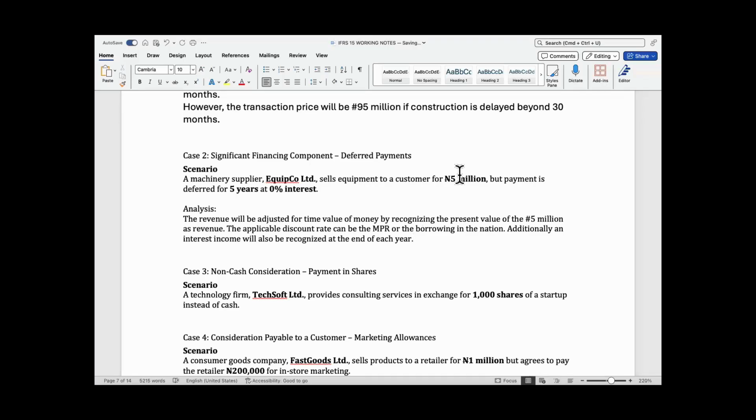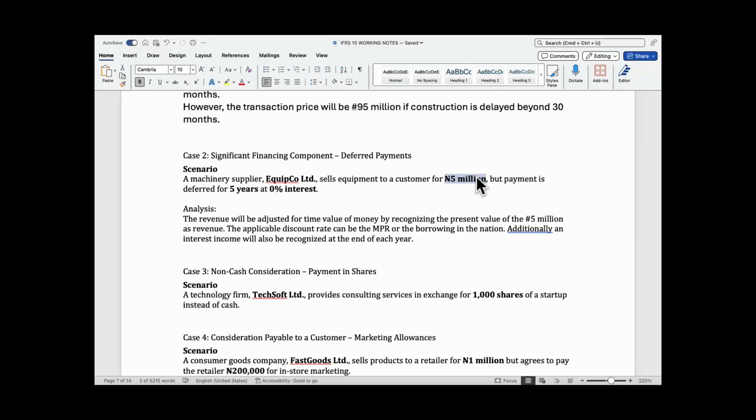So we are telling the customer to pay 5 million in the next 5 years, and you have already sold the equipment to the customer. So the way it works is that what you recognize as revenue is the present value of that 5 million. That is what you recognize as revenue.